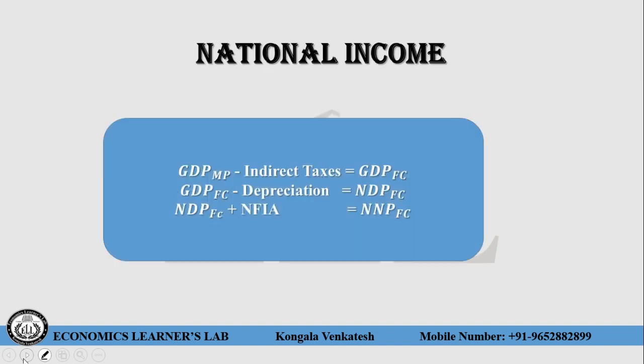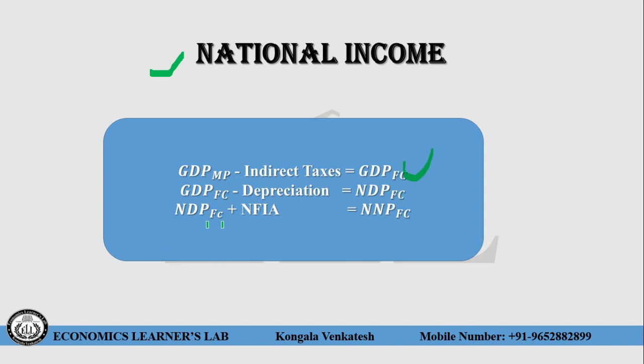How can you derive the national income mathematically? When you subtract indirect taxes from the GDP at market prices, you will get GDP at factor cost. When you subtract depreciation from the GDP at factor cost, you will get NDP at factor cost, that means net domestic product at factor cost.